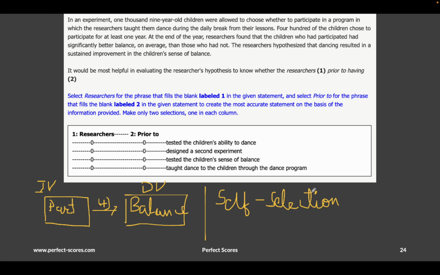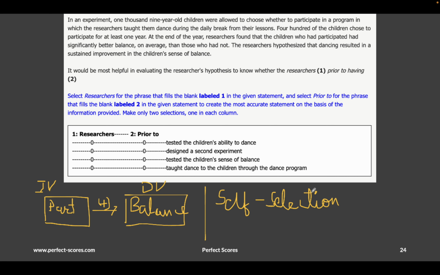For instance, people who have a better balance are more likely to participate in the study, or people who have low balance are more likely to participate because they want to learn how to better balance in their dance. So this self-selection is going to introduce problems to this study, and that's what this question is all about. The question wants to know what will help a researcher's evaluation of the hypothesis.